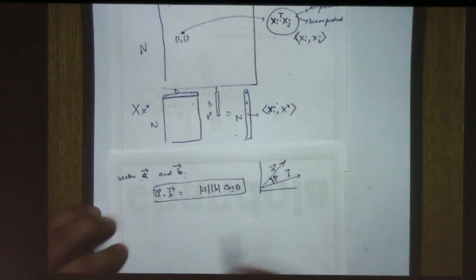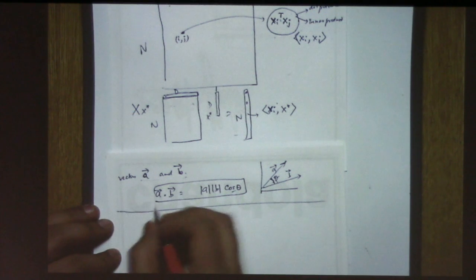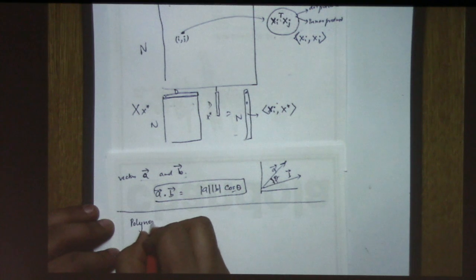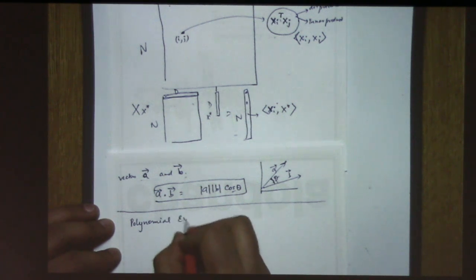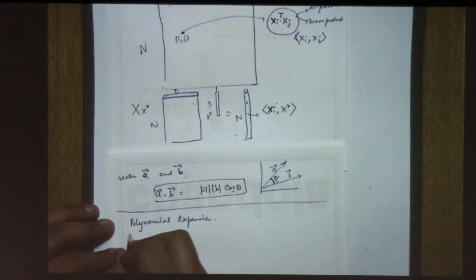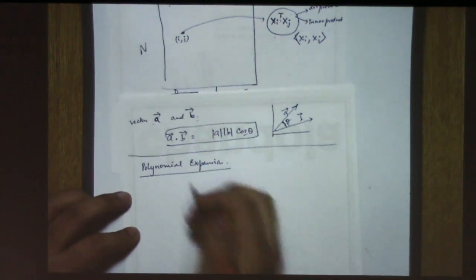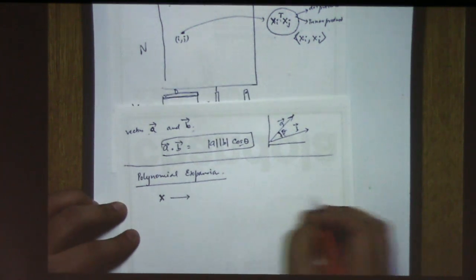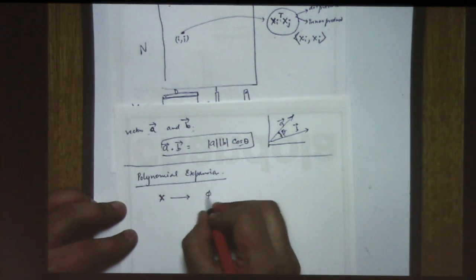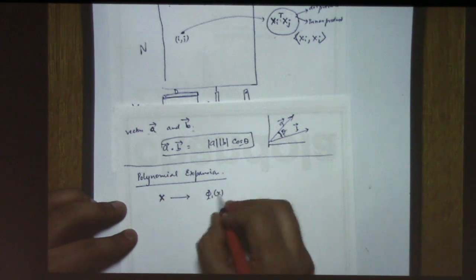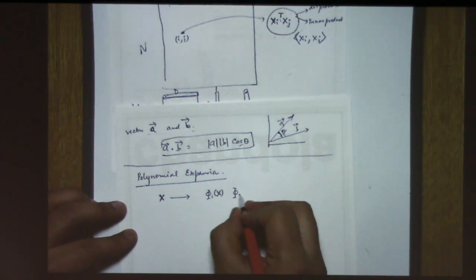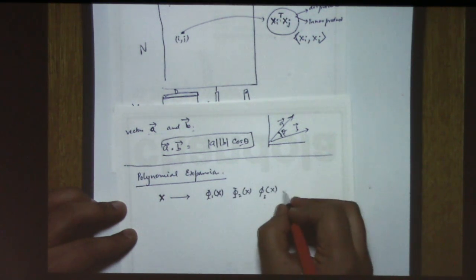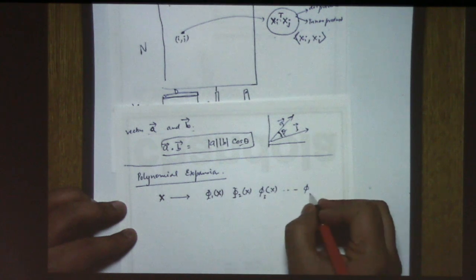Okay, so now let us move on to the next setting, where we say polynomial expansion. We have talked about polynomial expansion, and you are doing it in your problem number 5, where I give you some x, but then you replace it by a list of functions, phi 1 of x, phi 2 of x, phi 3 of x, and so on, some p functions.